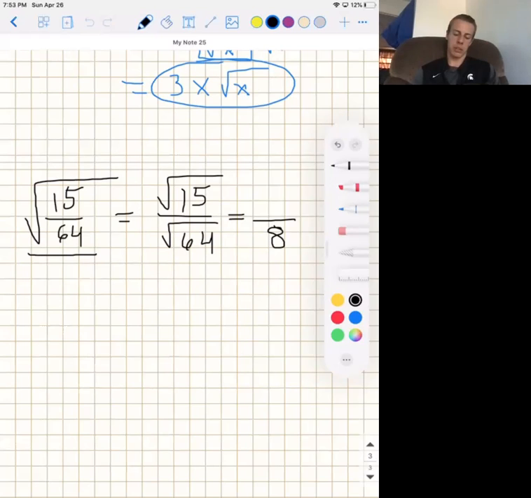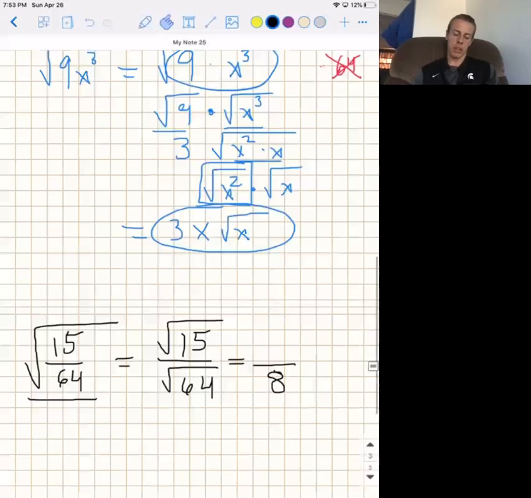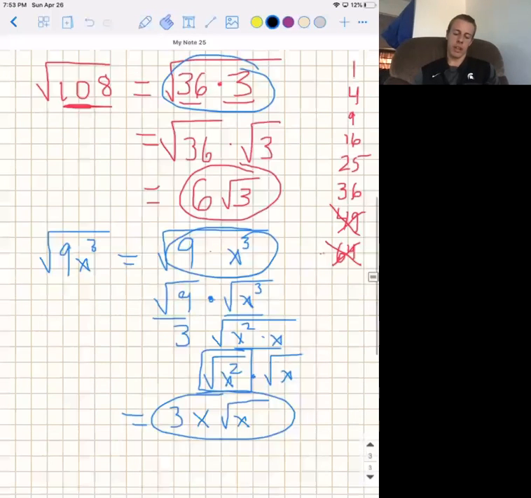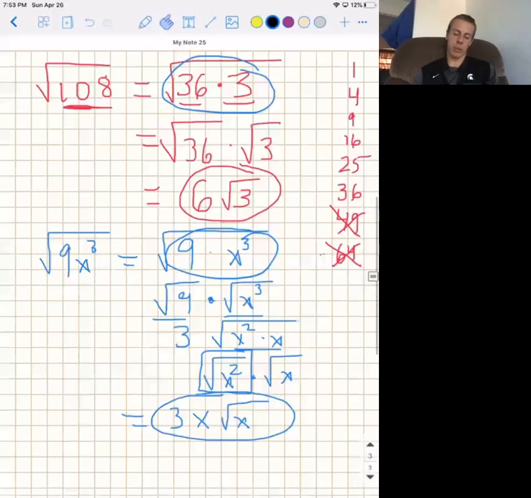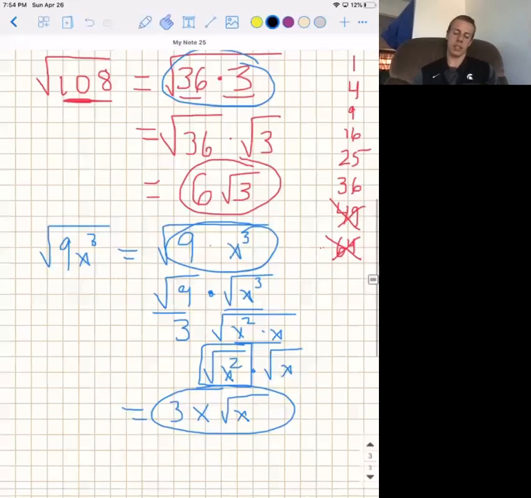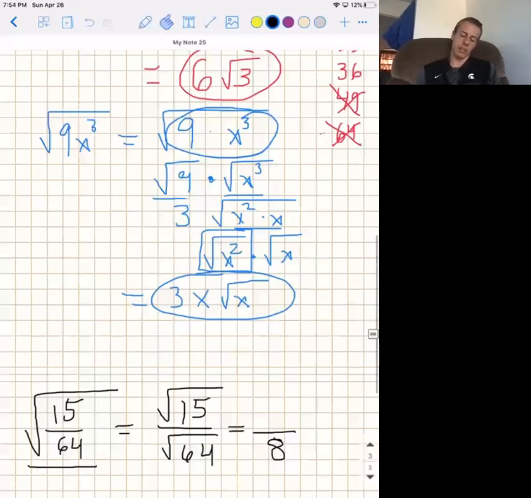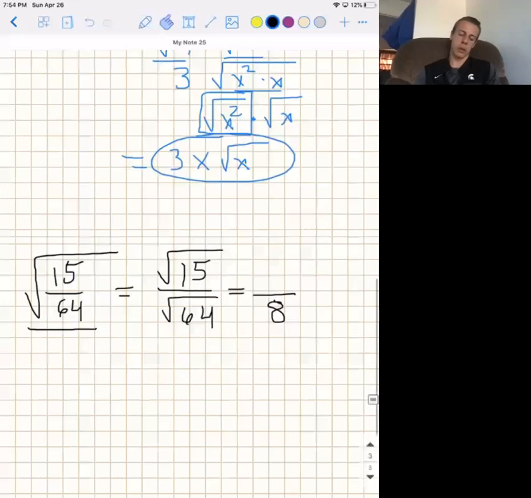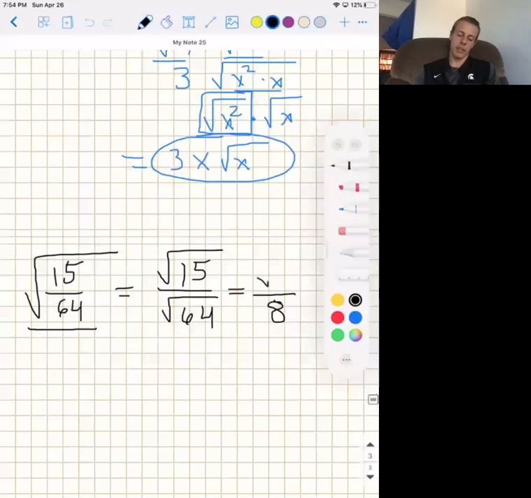So let's go back to our list of perfect squares up here in red. Any perfect squares that go into 15? Well, 4 doesn't, 9 doesn't, 16 doesn't. So we're just going to leave this as the square root of 15. There's nothing we can do. There are no perfect squares that go into 15, so that would be our simplest form.